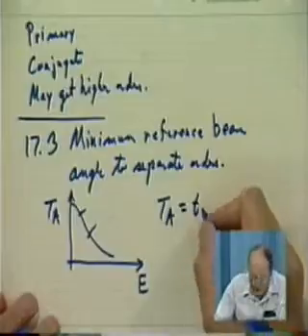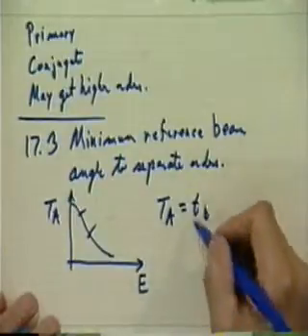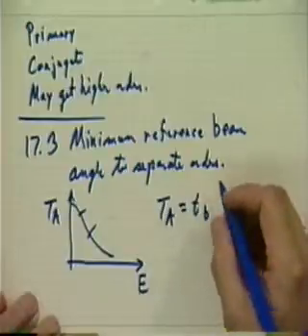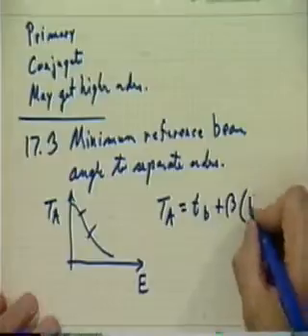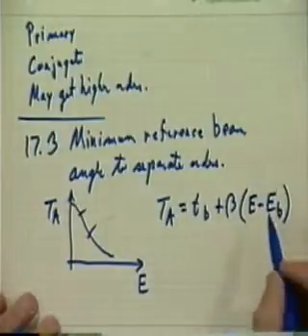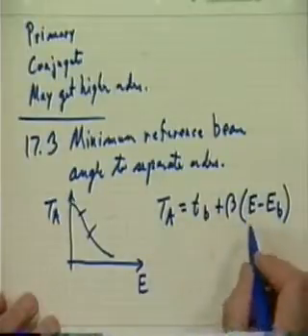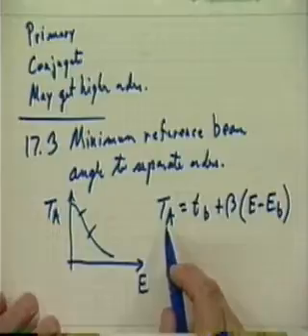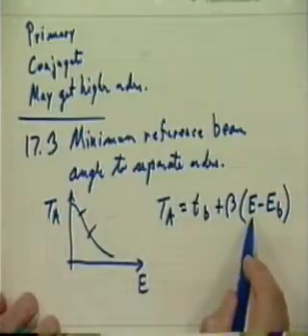And so if we want to, we could write this as some value plus a slope, beta, times E minus some bias exposure. And so we are going to assume here that the amplitude transmission is proportional to the exposure.